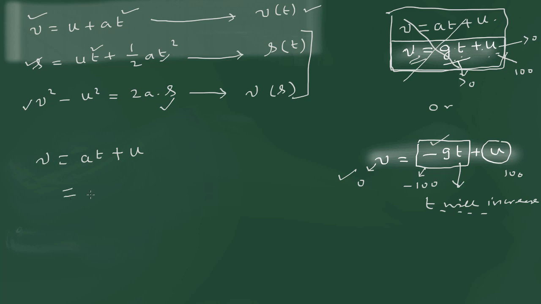So if it is the case, you can write down that v is equal to minus g multiplied by time plus the initial velocity. So this is how you write the equation, and this equation is valid for the upward motion.